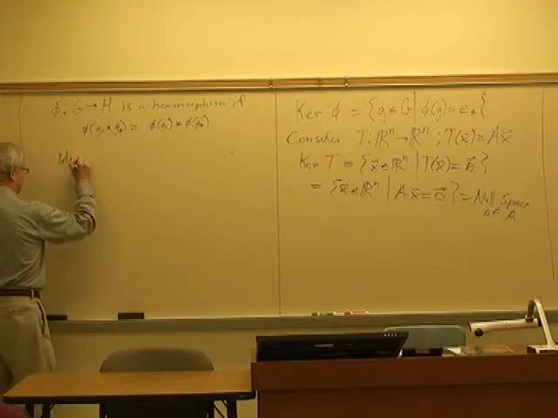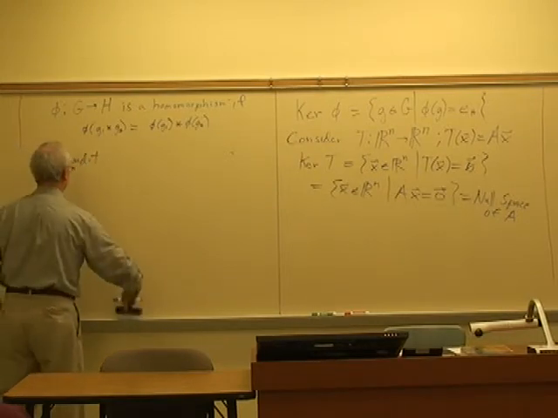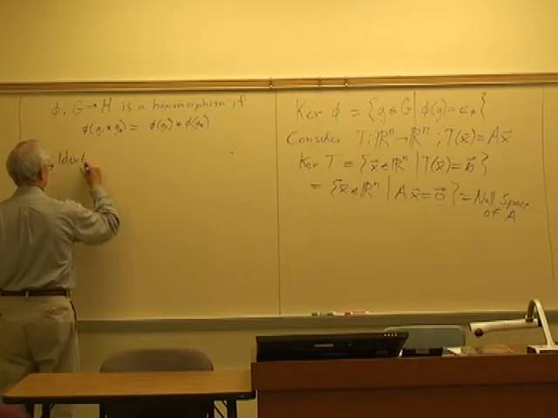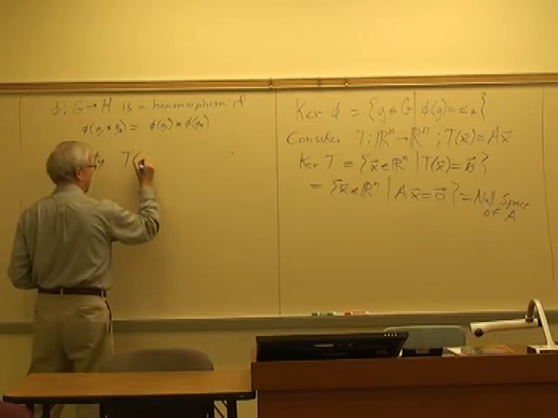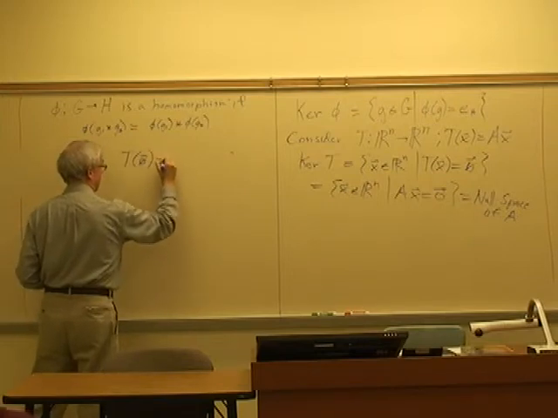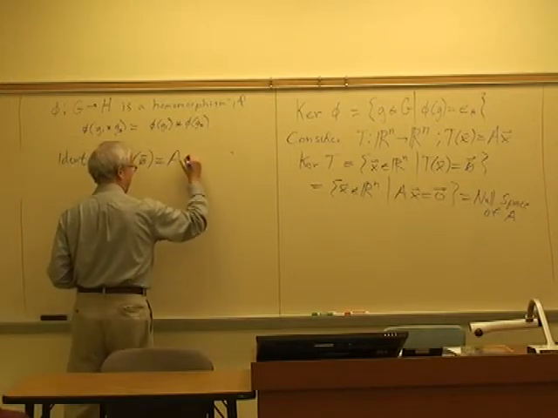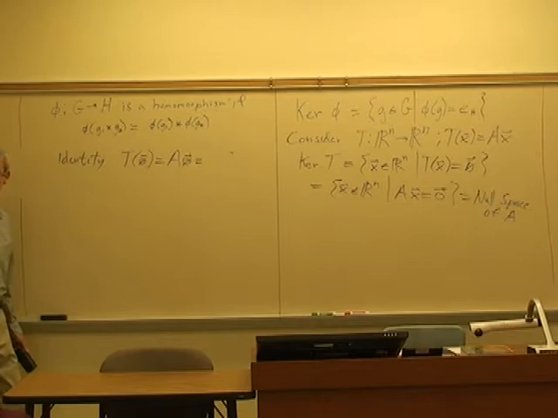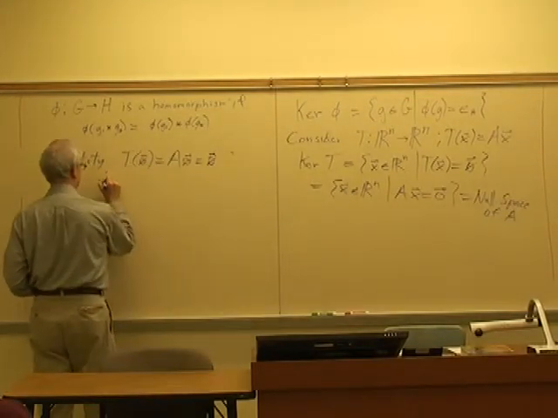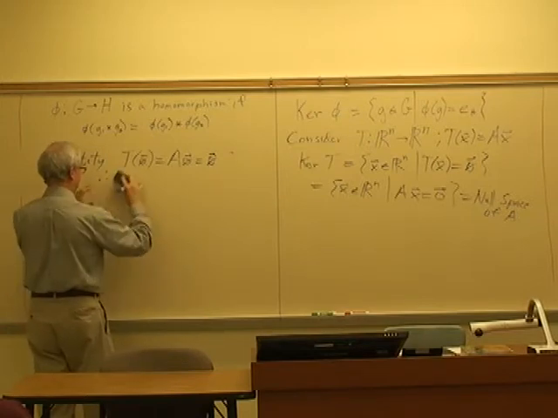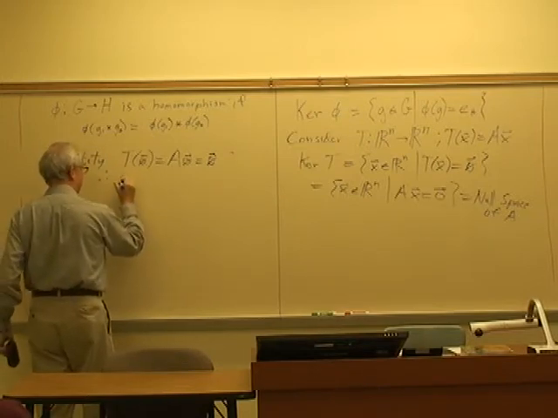Identity: T of the identity is A times the zero vector. I multiply the matrix times the zero vector, I get the zero vector. Therefore, the zero vector is an element of the kernel.